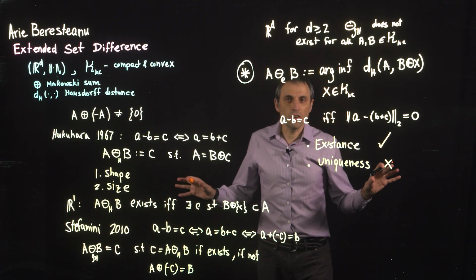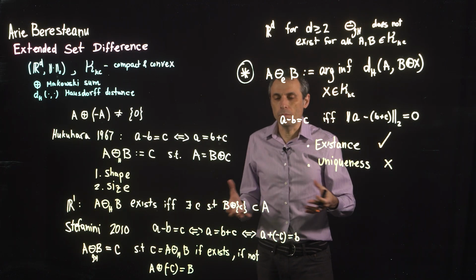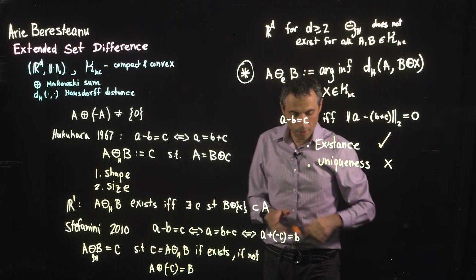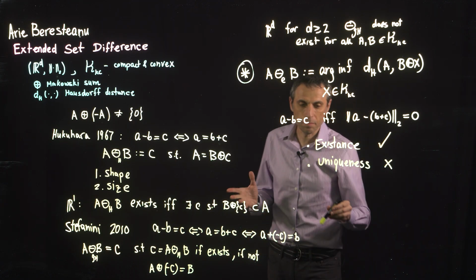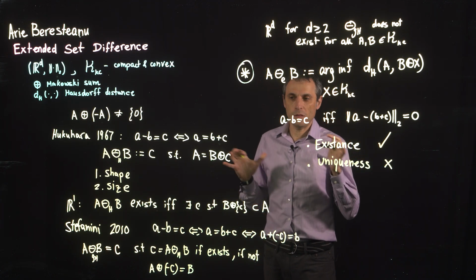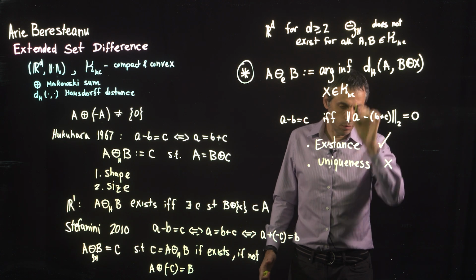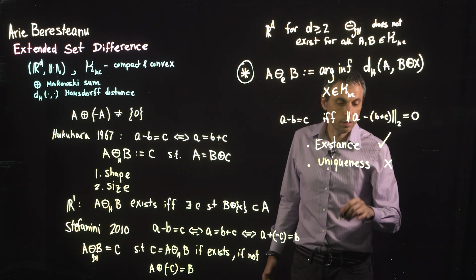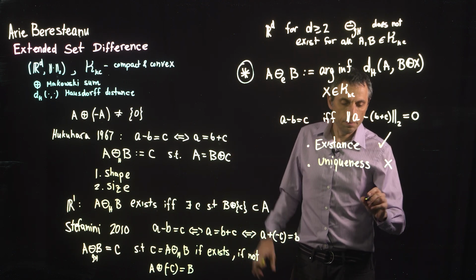Let me give you a very simple example that can be used for counterexamples for certain claims that are not necessarily true. Think about R^d, which is R squared.